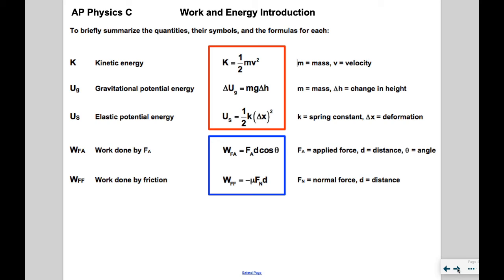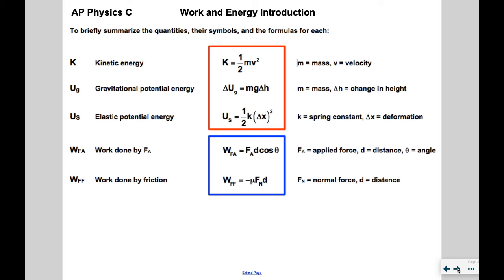You'll notice that this formula is not on the AP Physics C formula sheet. So it's in a blue box. It's a good one to remember, but there is another version of it that we're going to be a little more familiar with. The work done by friction is the same as it was before.